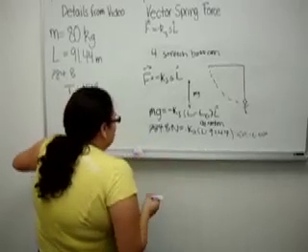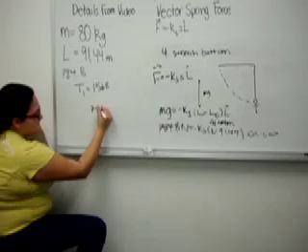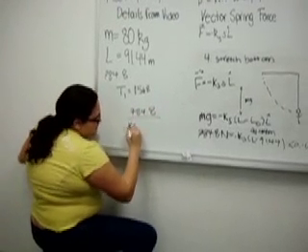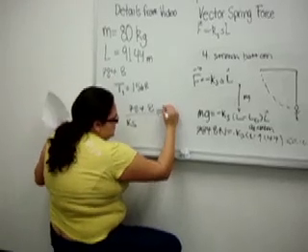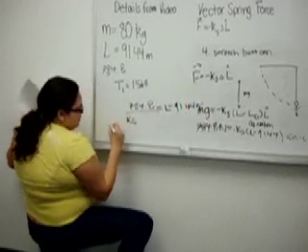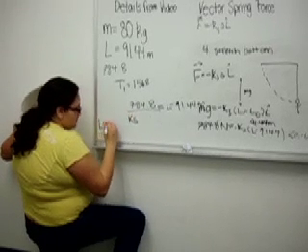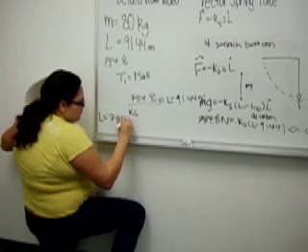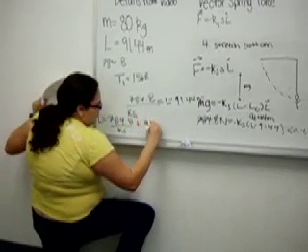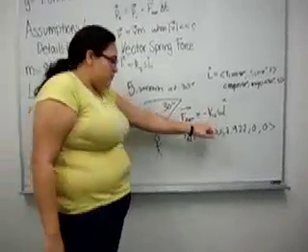Moving this around, we have 784.8 divided by the spring constant is equal to L minus 91.44 meters. So the stretch is going to be equal to 784.8 divided by the spring constant plus 91.44 meters. We're going to set F net equal to the spring force again.